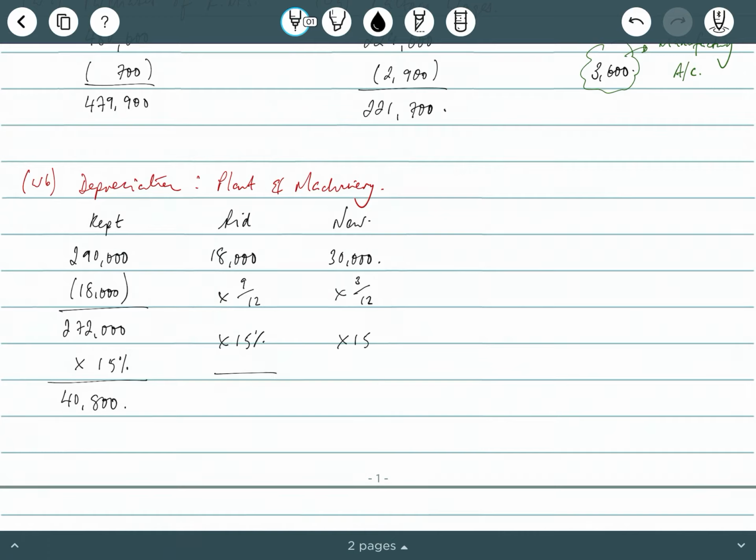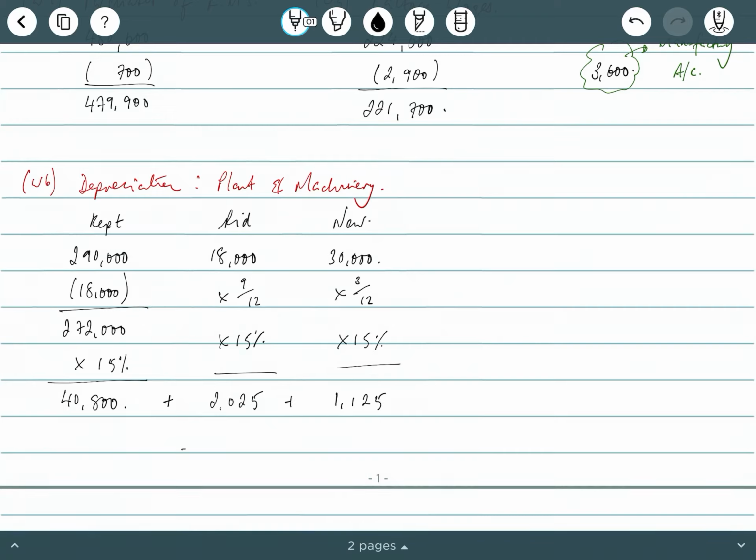So 18,000 multiplied by 15% multiplied by 9 over 12 gives us 2,025. And 30,000 multiplied by 15% multiplied by 3 over 12 is 1,125.